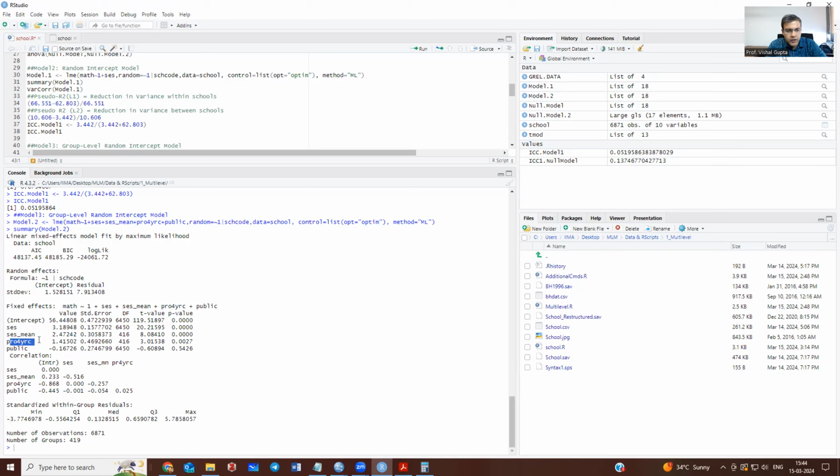Then Pro 4-year college is 1.415, and that is also significant at p less than 0.01. We can say that students who are studying in schools that are preparing students for university colleges, or where there is a higher percentage of students wanting to get into professional colleges, score higher by 1.41 marks.